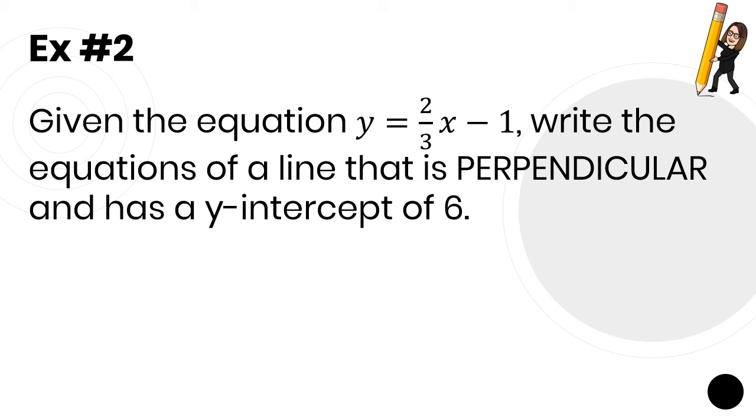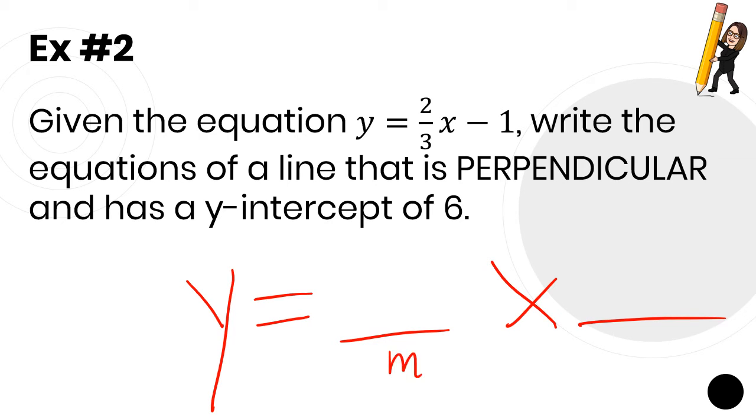Let's approach this similar to the way that we used parallel. Given this equation, write the equation of the line that is perpendicular and has a y-intercept of 6. So just like we've been doing, guys, set up this template, m and b. My m needs to be perpendicular to this m.